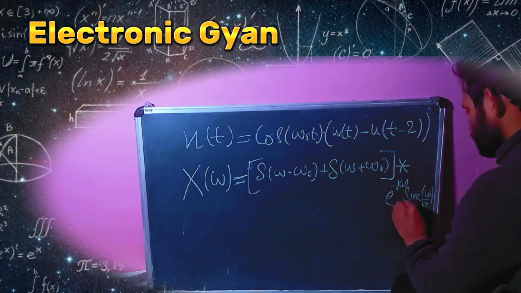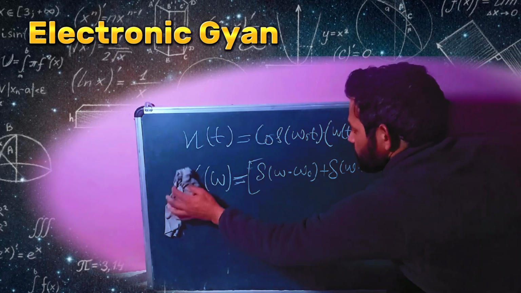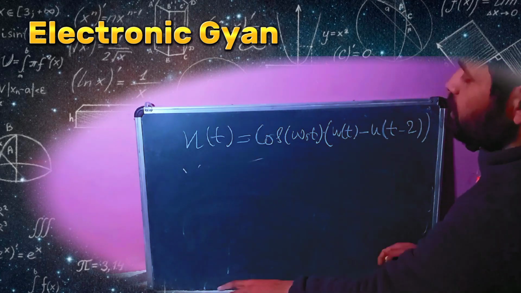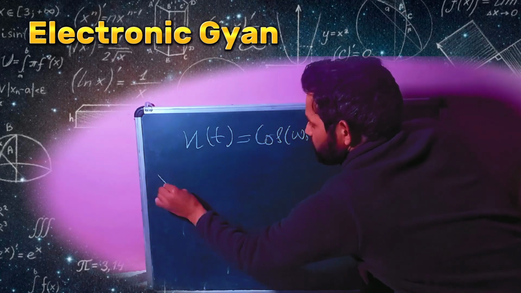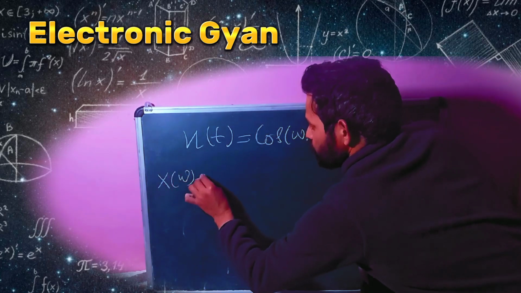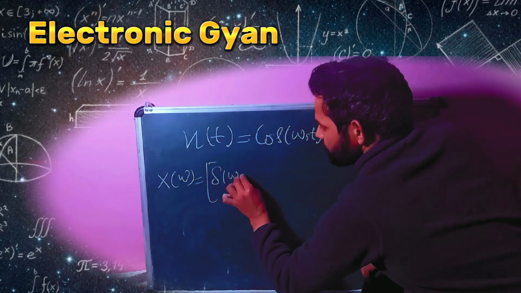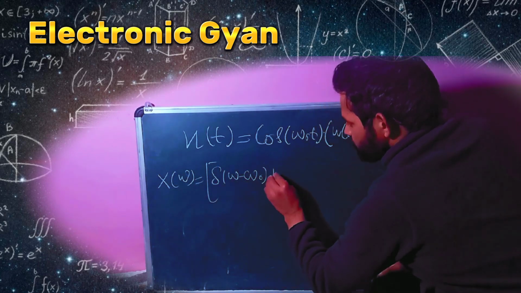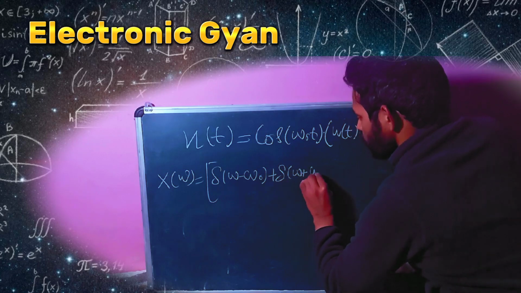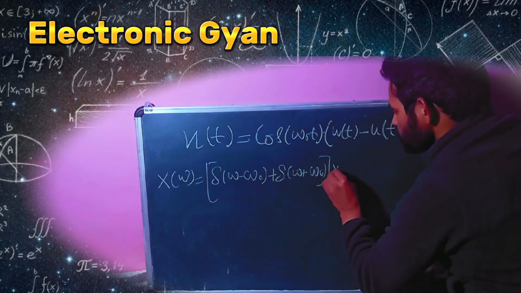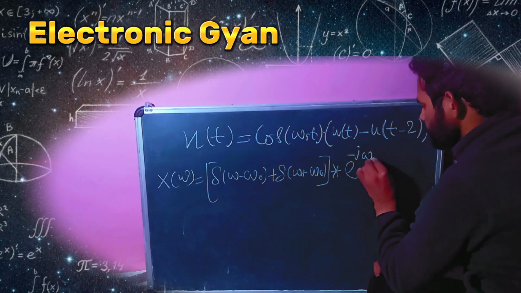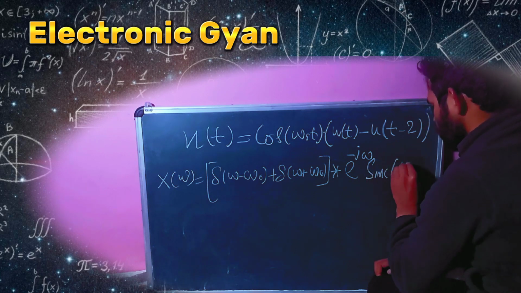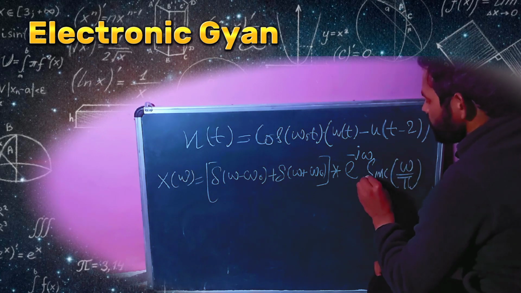Let me write this here so it will look clearer. So X of omega is equal to delta of omega minus omega naught plus delta of omega plus omega naught, convolved with e to the power minus j omega sinc of omega by pi.